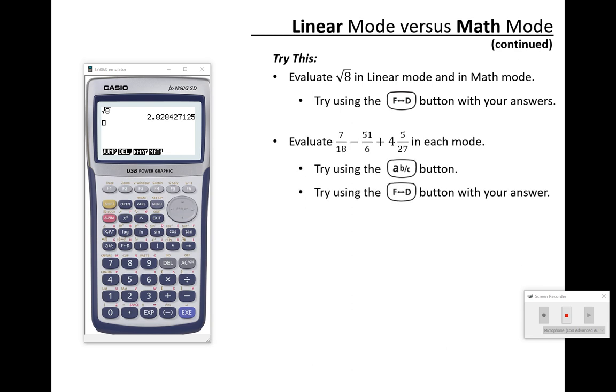Okay, let's do the ABC button. This is nice. If you're in math mode, if you use the fraction button, so you go 7, and then you hit the fraction button, you literally get a fraction on your screen when you hit that. Mine doesn't do it. But when you type this in, these fractions, you should see it says 7 over 18.